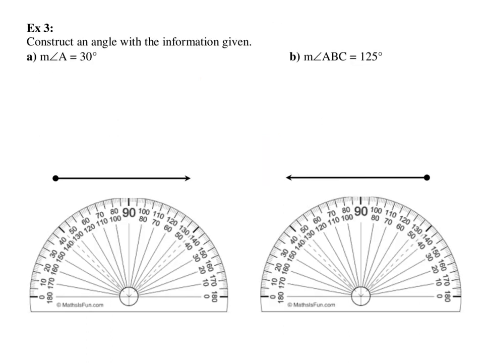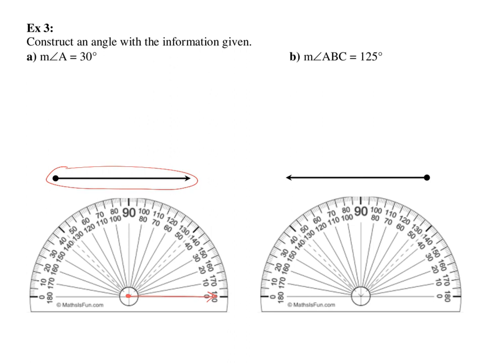Now for example 3, we need to construct an angle with the information given. So you're going to be using a protractor for this. Now how to use the protractor exactly? Here they give us this segment. We will line up the point with the middle of the protractor here. And we always start from 0, so we're going to start with the numbers from the inside of the protractor.